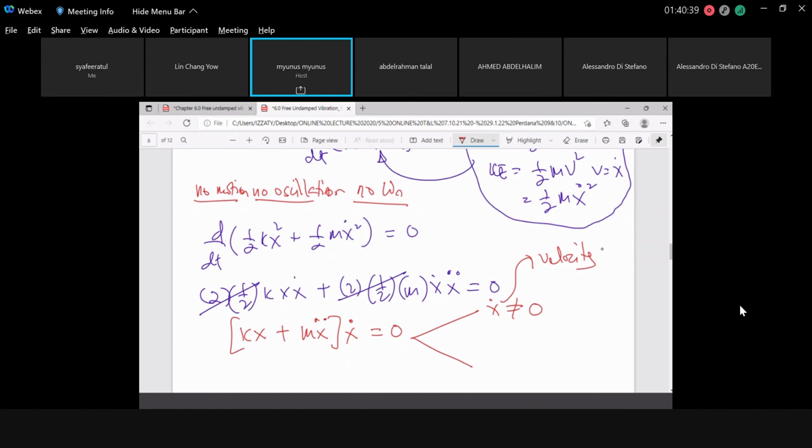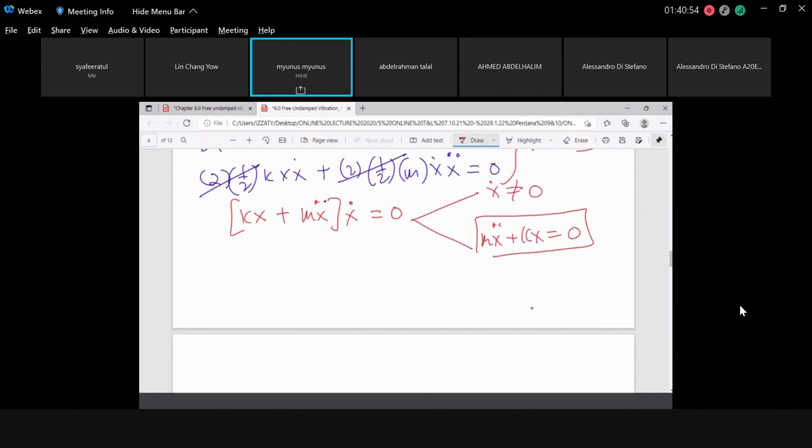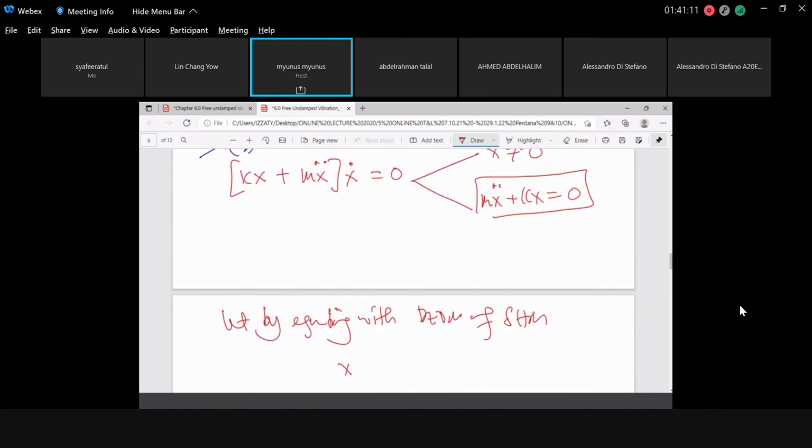Okay, but we need omega n, because our aim from the very beginning is to look for omega n. So the other solution tells you that m x double dot plus k x equals 0. We have already seen this earlier, isn't it? Let's do the simplest approach by equating it with the differential equation of simple harmonic motion: x double dot plus omega squared x equal to 0.